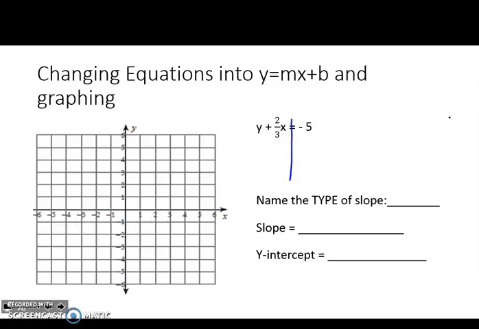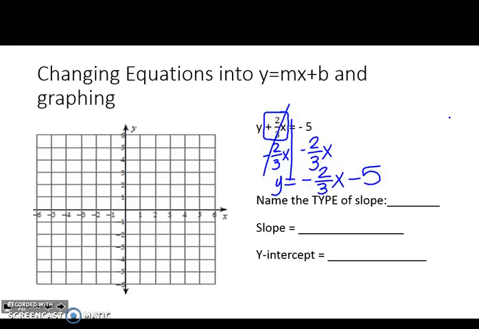So I know that I need to move this positive 2/3 x to the other side. Guys, you can move the entire thing at once. Since it is a positive, I'm going to subtract it to the other side, because that's the inverse or opposite operation. So I get y equals negative 2 over 3x minus 5.